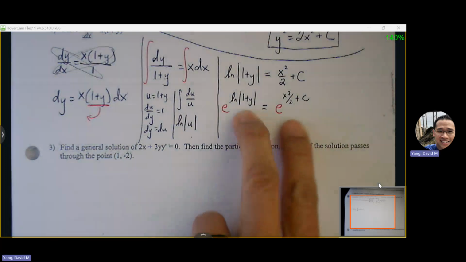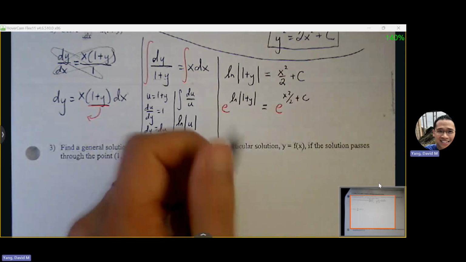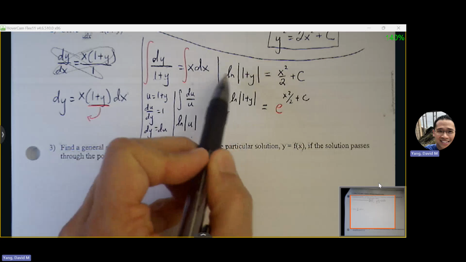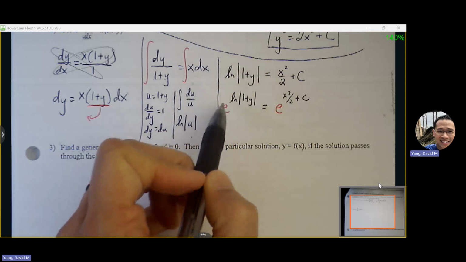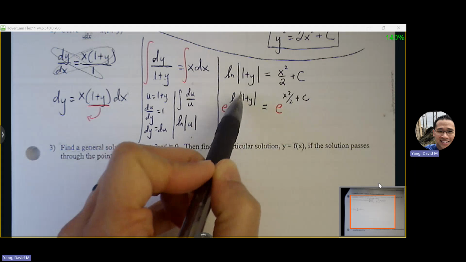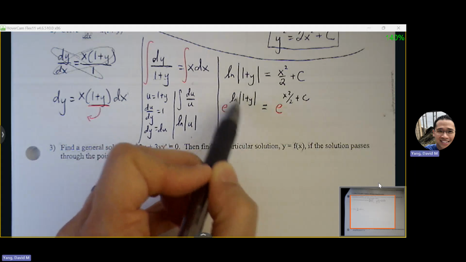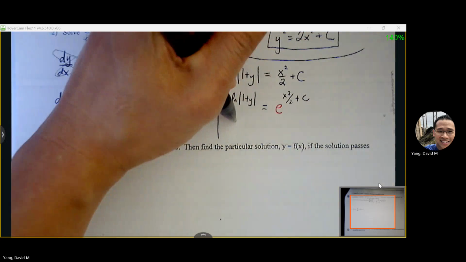So now my original equation, they're all sitting up as exponents. The reason that we're doing this is because we're trying to clean up this left side. We want to get that natural log to go away. So now e and natural log are canceling each other out, because e raised to the natural log is just the expression that's left over.